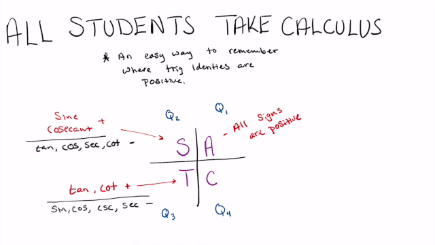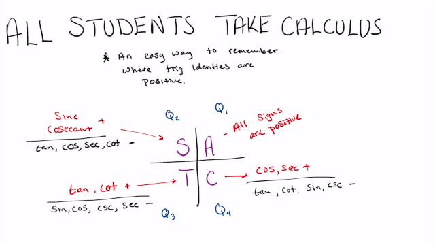Finally, C stands for cosine, and its reciprocal, secant, are positive, while tangent, cotangent, sine, and cosecant are all negative.